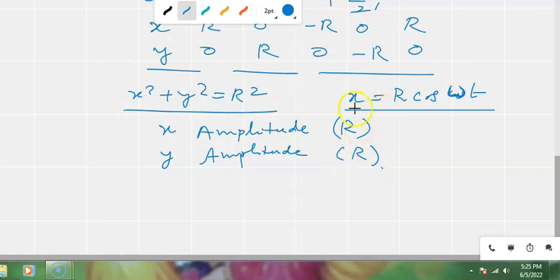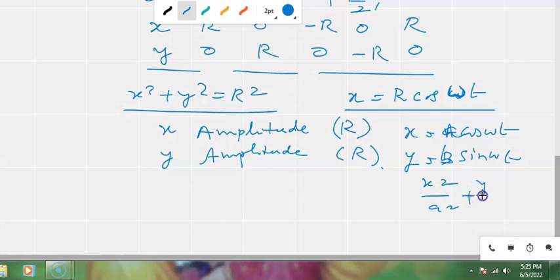But if these two simple harmonic motions have different amplitudes, then we will not get a circle. Suppose instead of r, we have x is equal to a cos wt and y is equal to b sin wt. Then we will get x square by a square plus y square by b square is equal to 1.